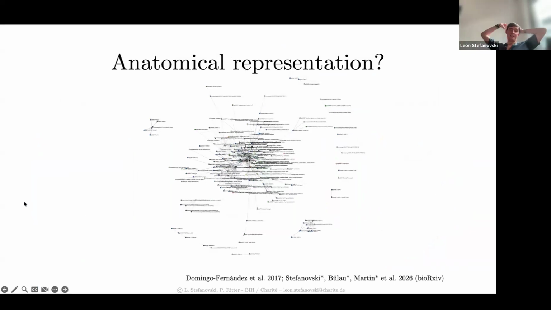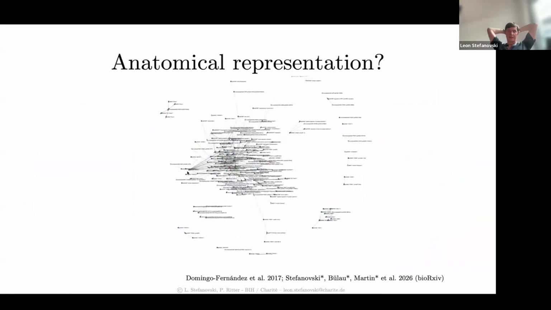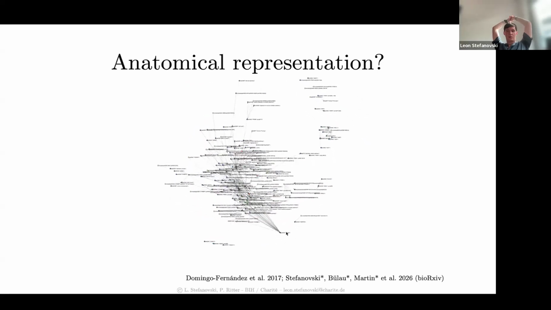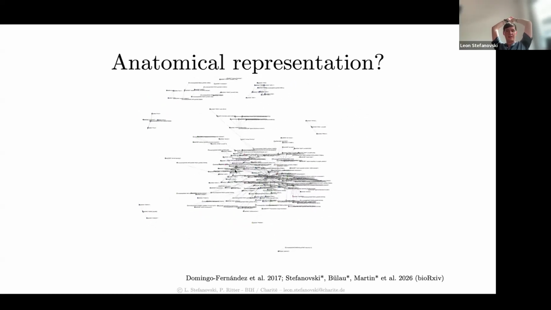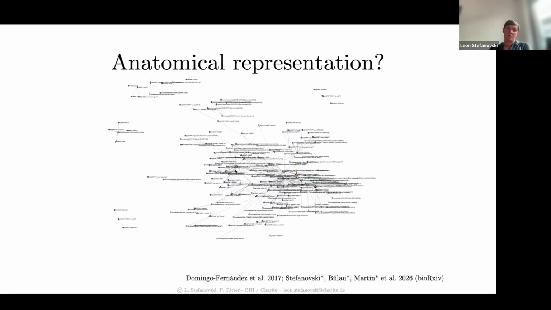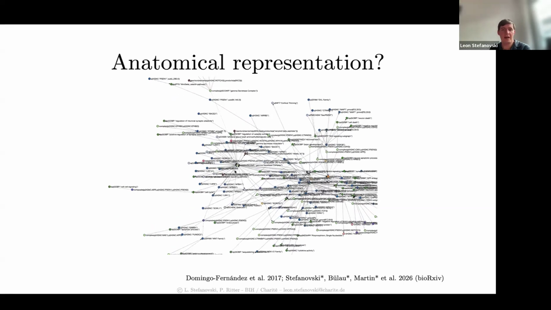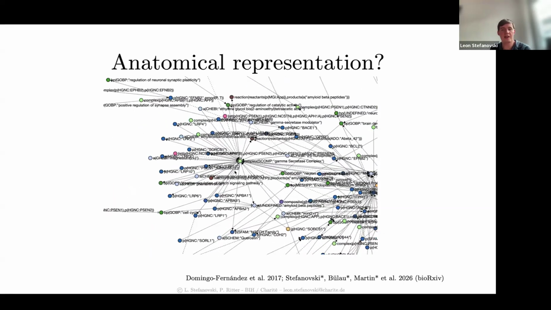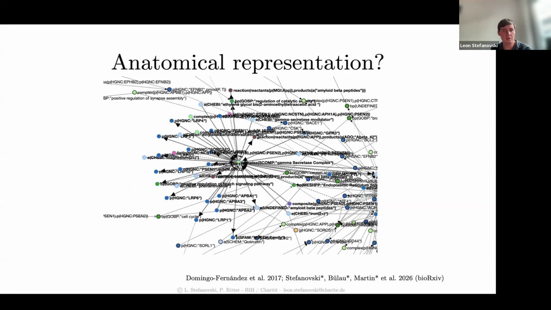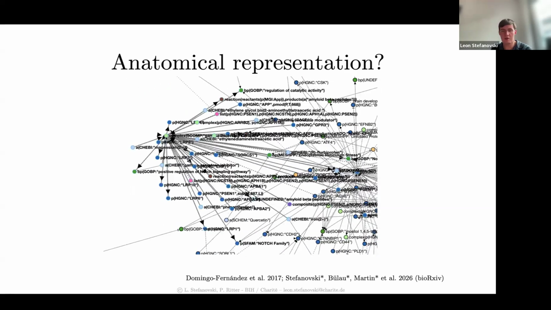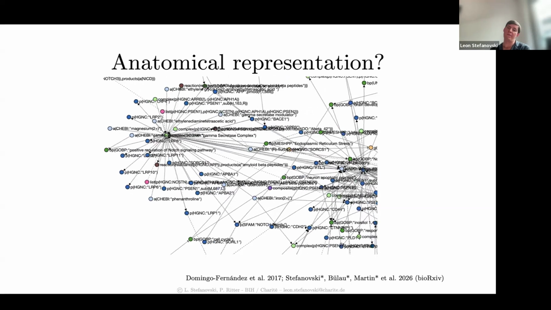And actually, there is a lot of knowledge about biological mechanisms out there in so-called knowledge graphs or knowledge bases. For example, here we see one that is called neuroimaging, which contains all the information about Alzheimer's disease, the different proteins, components, drugs, and how they affect each other.